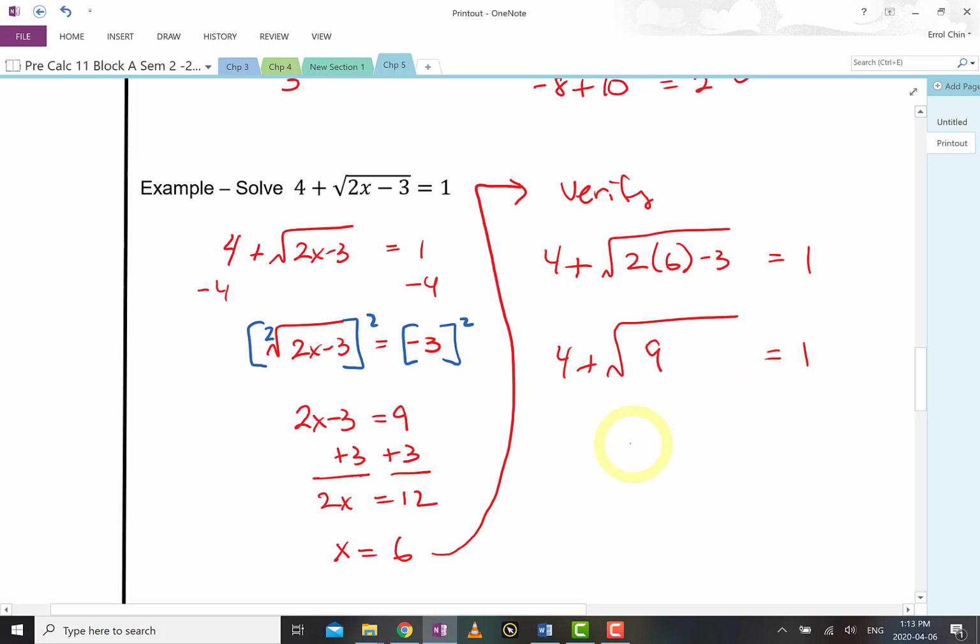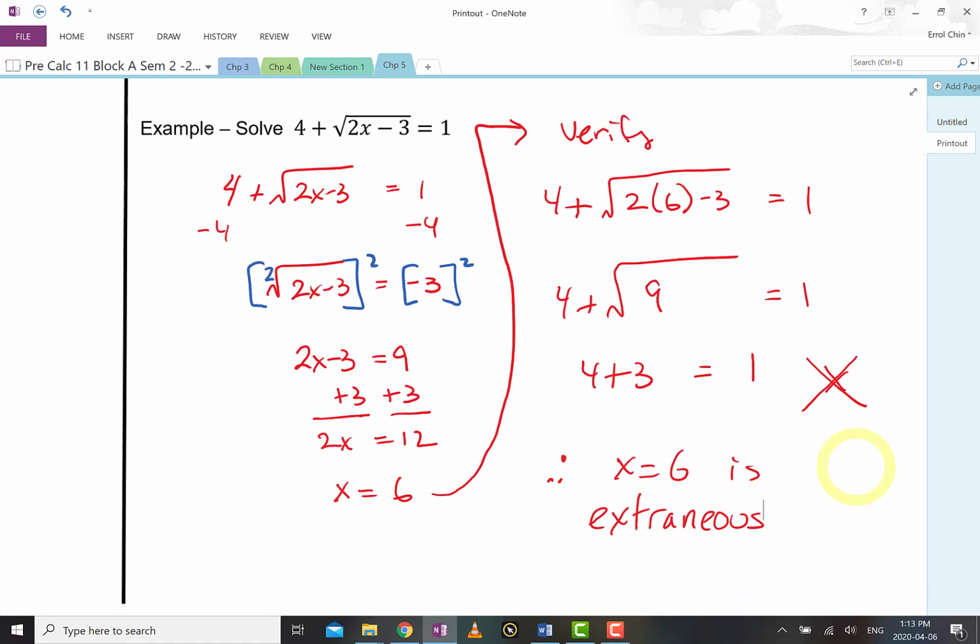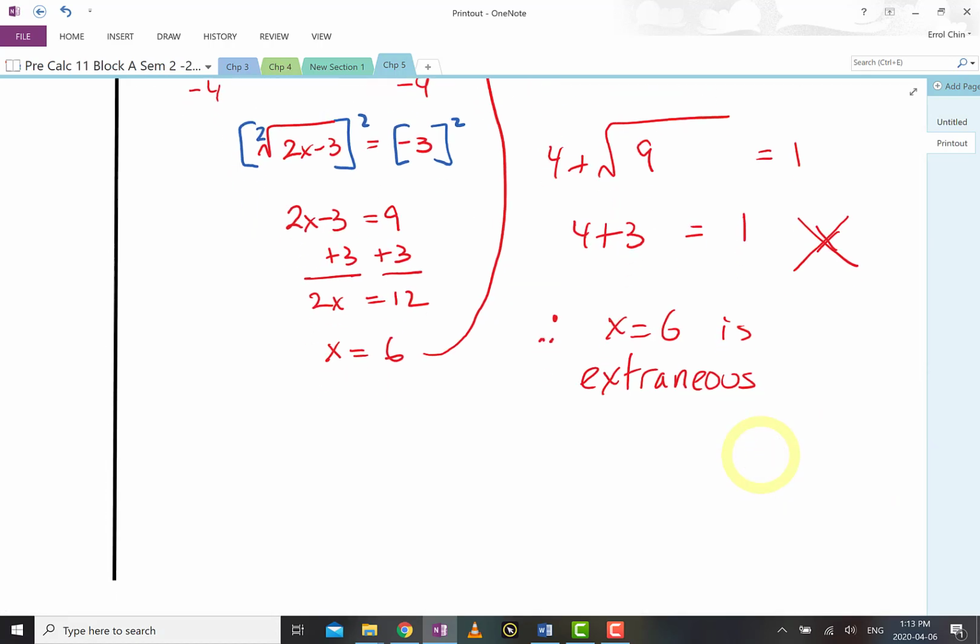Sorry, 4 plus the square root of 9. Is that true? Well, it's not true. This is actually wrong. Therefore, x equals 6 is extraneous. Okay, so algebraically it works, but when you plug it in, it doesn't work.